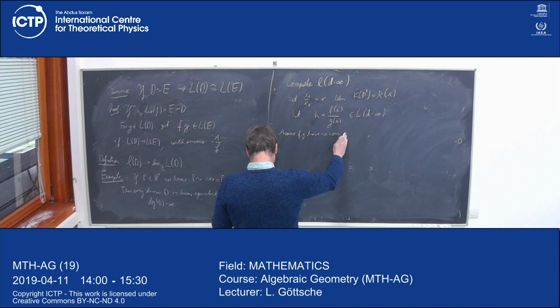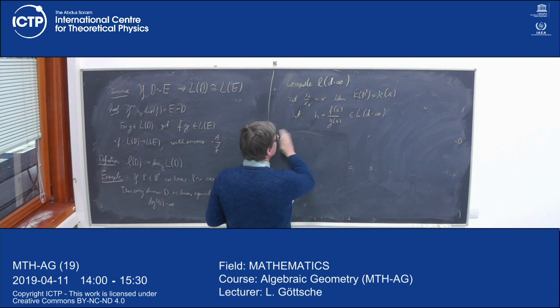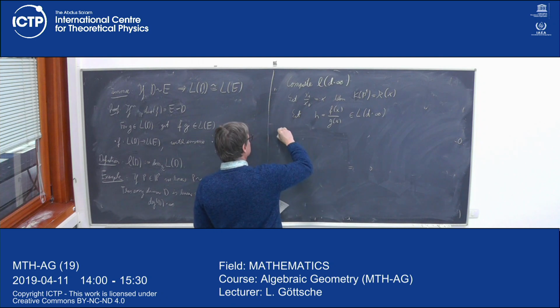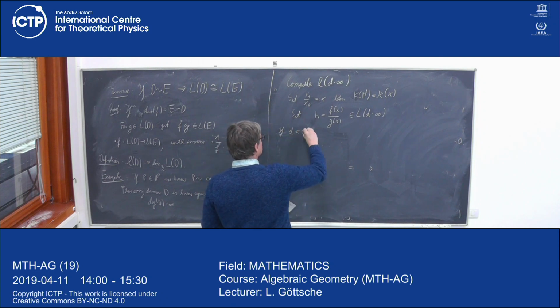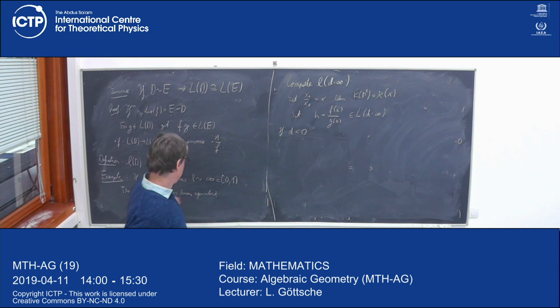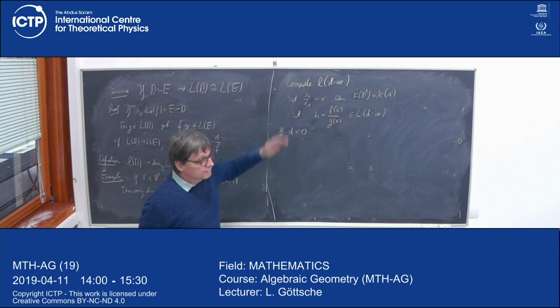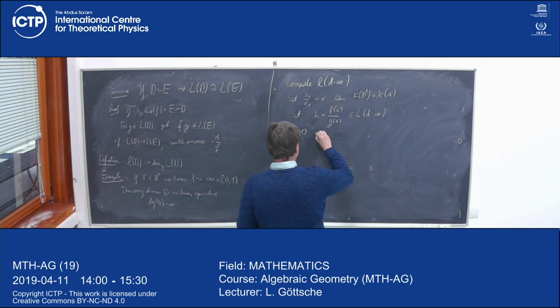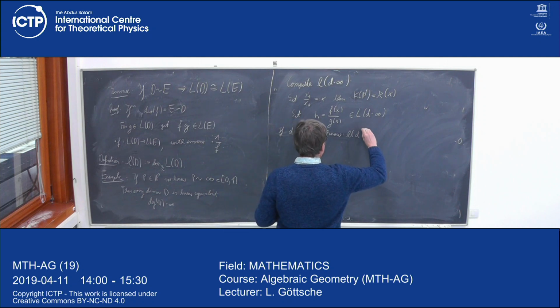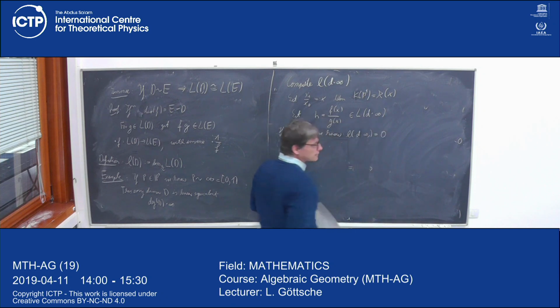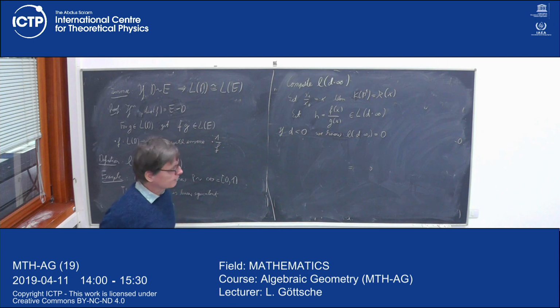First, if d is smaller than 0, we know by what we said before that L of d is 0. We know in general that L of d times infinity is equal to 0. We just proved this for any divisor on any curve.